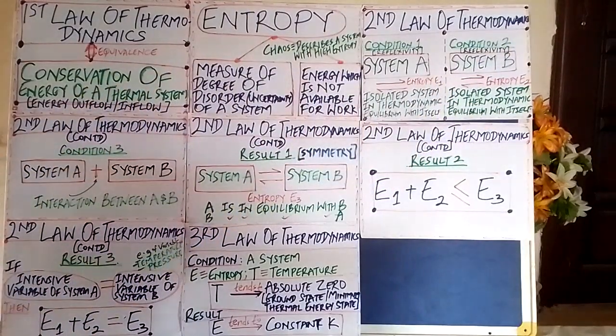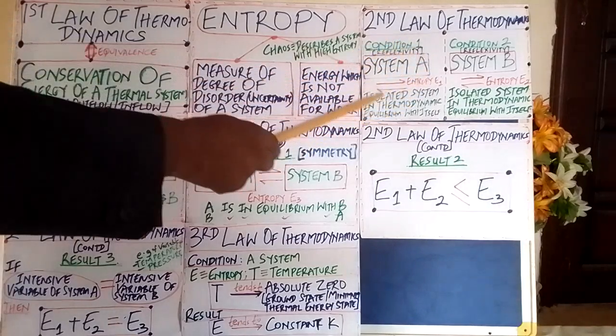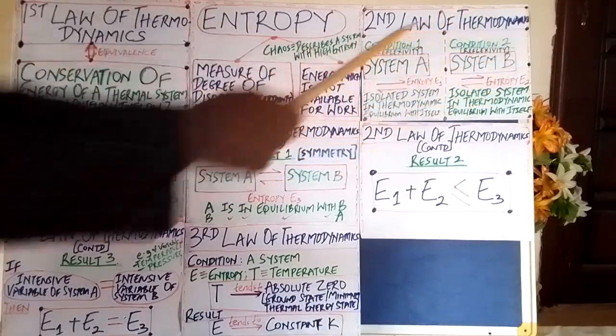Then the third condition, before we get to the results of the second law of thermodynamics, which we have called condition 3, is that there is now interaction between our system A, which is in equilibrium with itself, and system B, which is in equilibrium with itself.